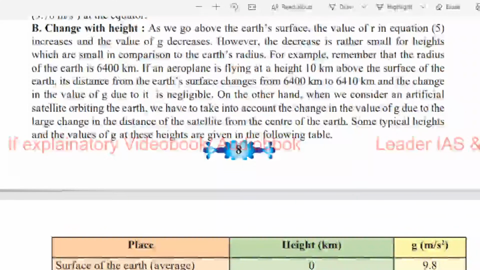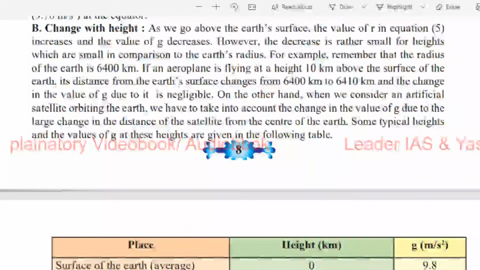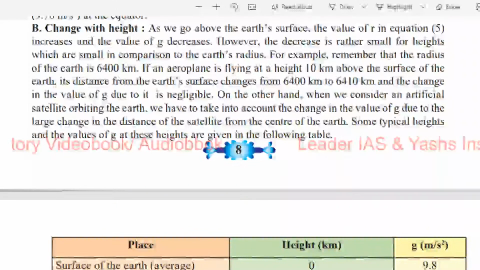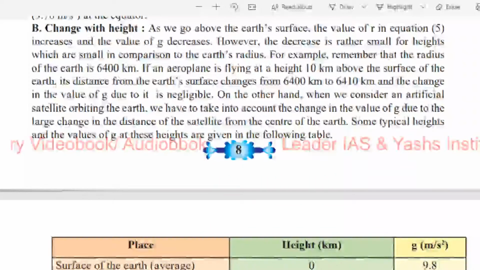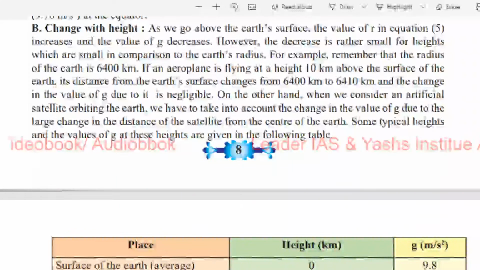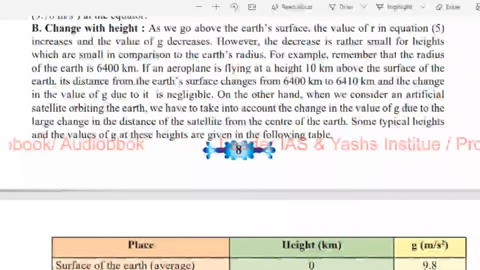If an aeroplane is flying at a height of 10 km above the surface of the Earth, its distance from the Earth's center changes from 6,400 km to 6,410 km. And the change in the value of small g due to it is negligible.